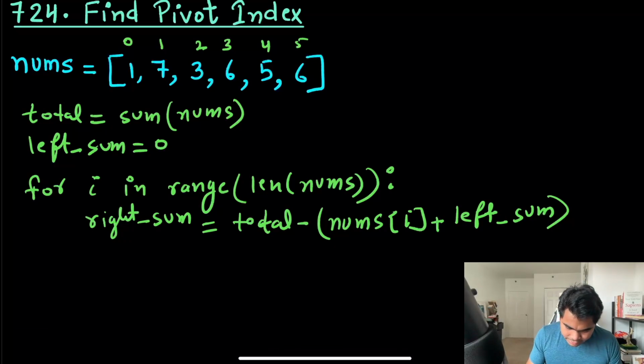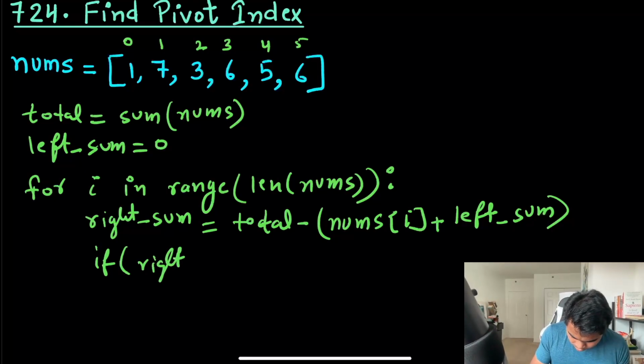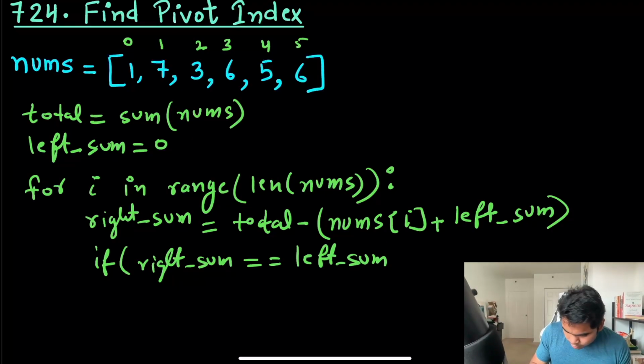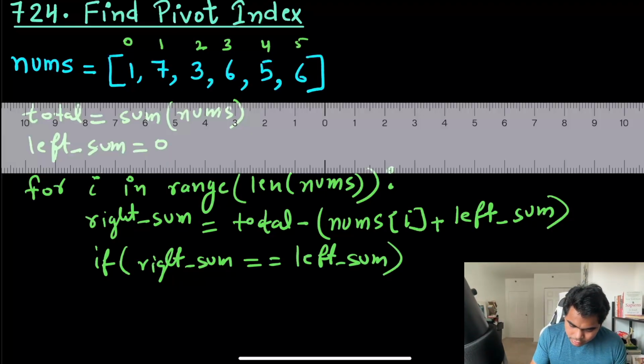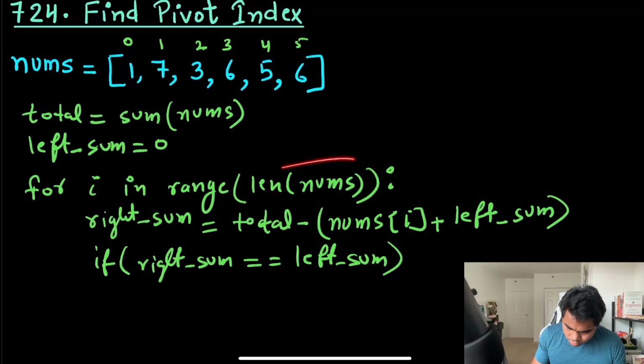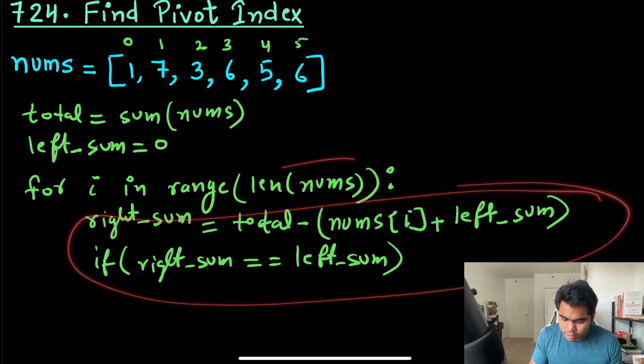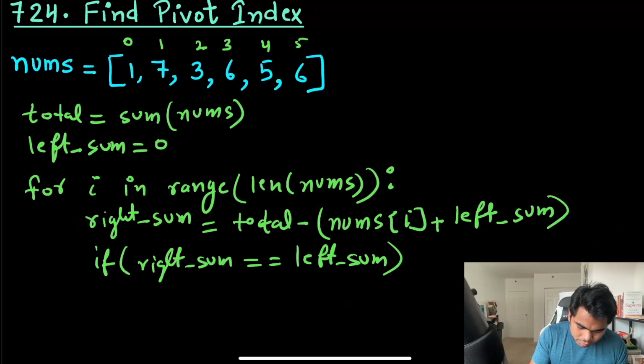So I can just directly check this, instead of if right sum equals to left sum. By the way, these two things you can combine into just one line, but I'm just writing it for the sake of clarity.